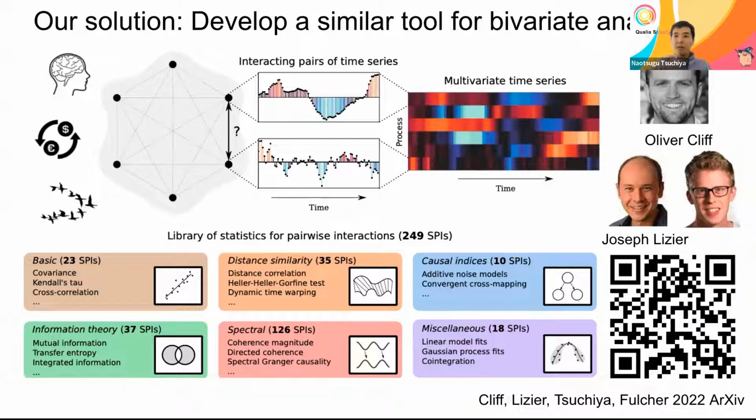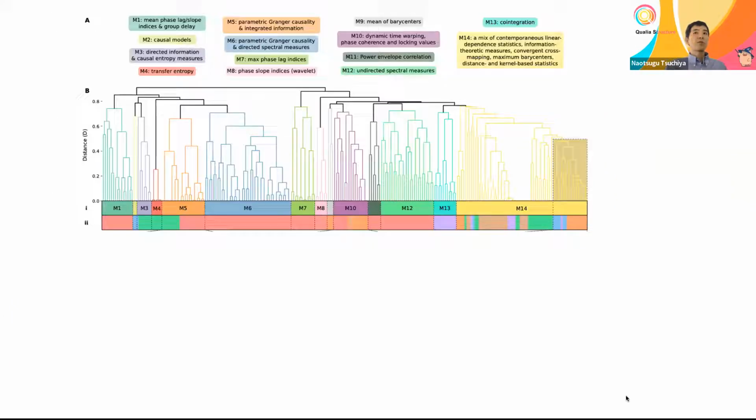Here we collected lots of bivariate analyses available on the web and in the literature, and constructed 250 different bivariate analyses, which takes quite a bit of time even to apply to 30 seconds of data if you compute for all possible pairs of the neural recording. But applying this to 7,000 or 1,000 multivariate data sets, we were able to find some clustering of the bivariate analyses.